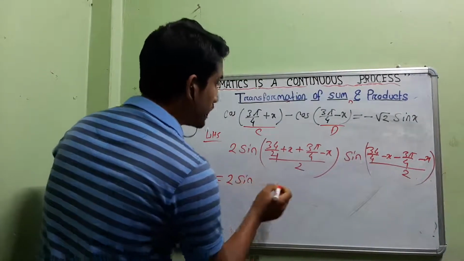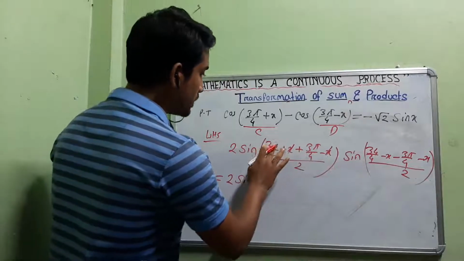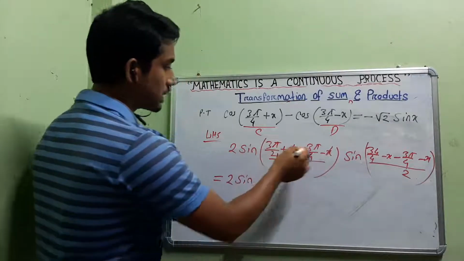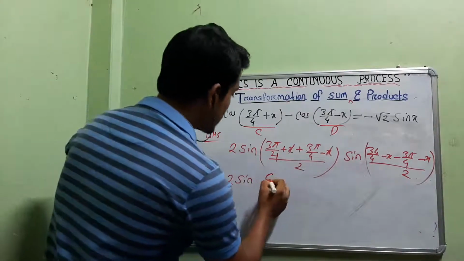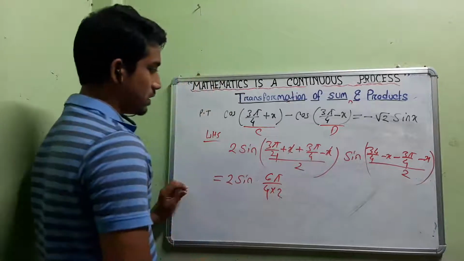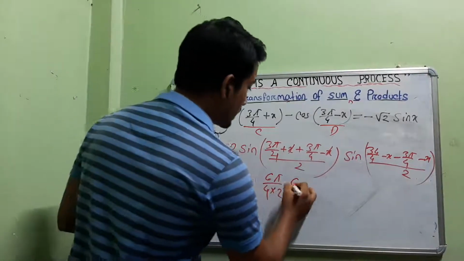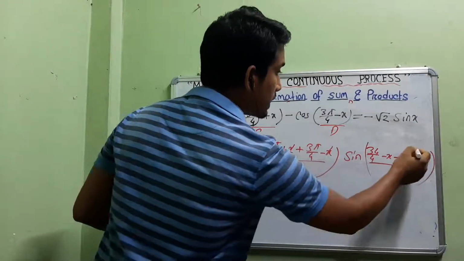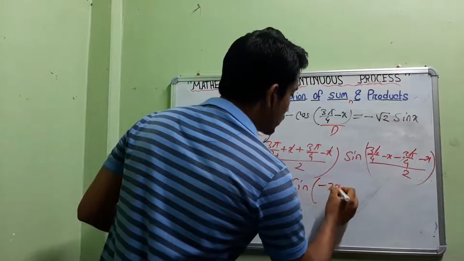So 2 sine, if I see x is getting cancelled, so 3 pi by 4, so it is 6 pi by 4 into 2, you got like this. Okay, sine 6 pi by 4 and 2 is there, so 4 into 2 like this. Then sine, here what is getting cancelled, 3 pi by 4, 3 pi by 4 cancel out. Sine, what is there, minus 2x by 2.